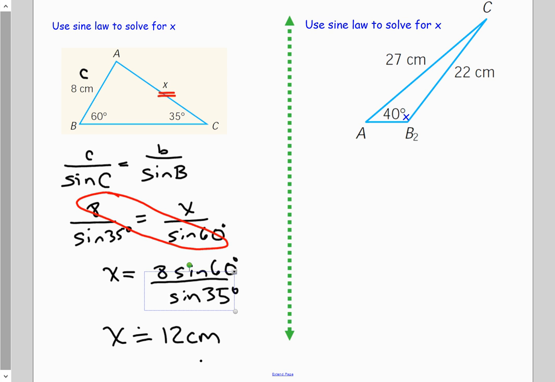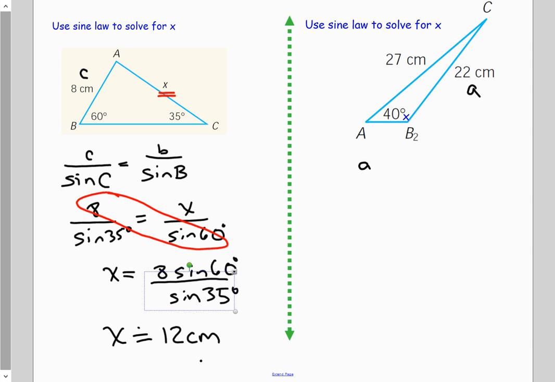For the second example, you'll notice that x is actually an angle, and it's angle B. So we're definitely going to need the ratio that includes B, but we also are looking for the complete pair. So angle A is 40 degrees and side a is 22.